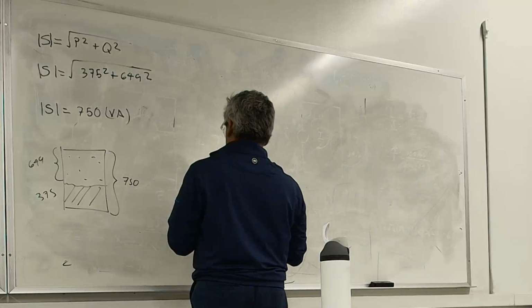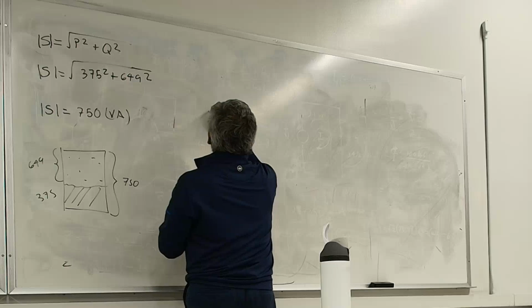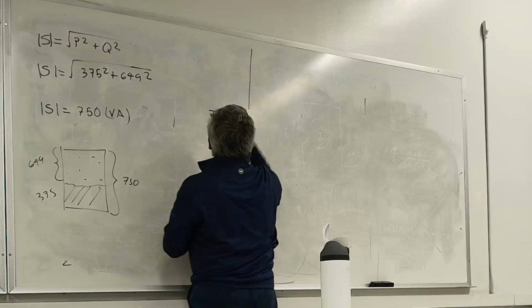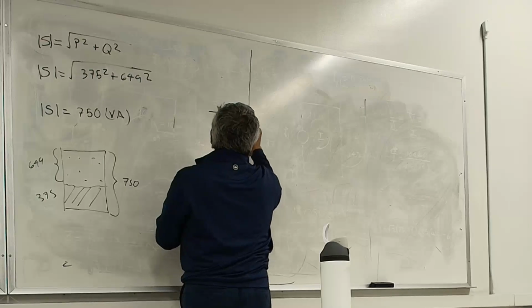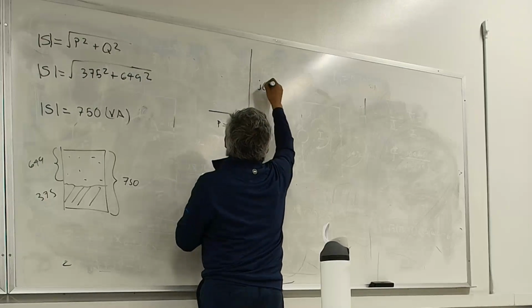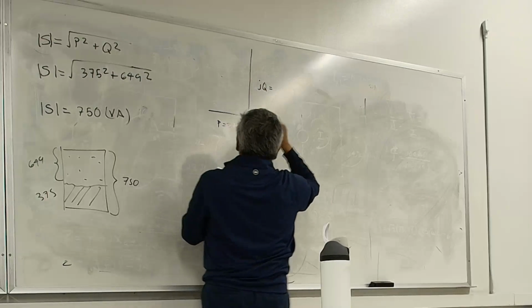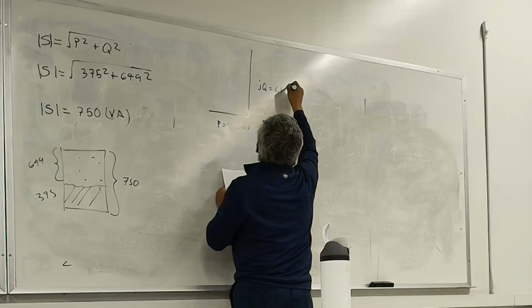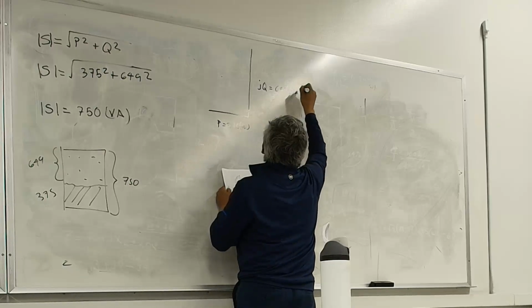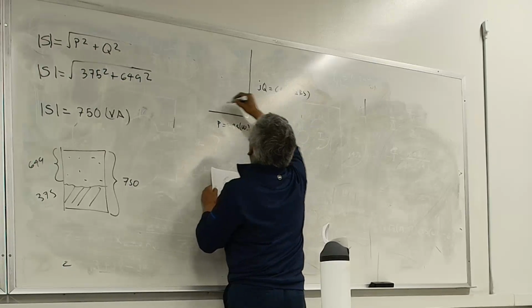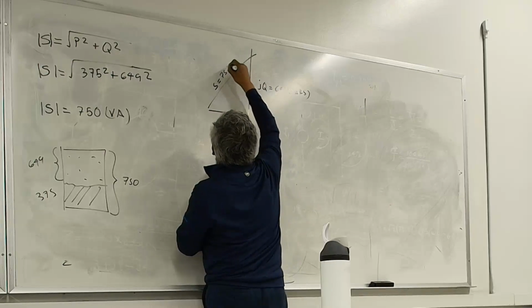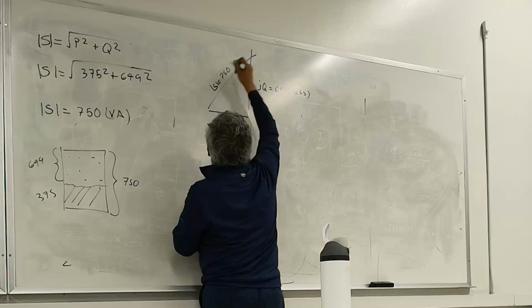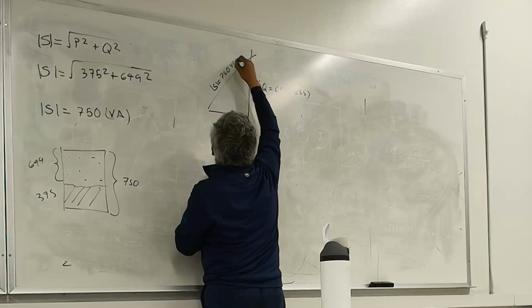So the power triangle for this is that, right? P is equal to 375 W, JQ is equal to 649 VA reactive, and then the magnitude S is equal to 750 VA, or volt amperes.